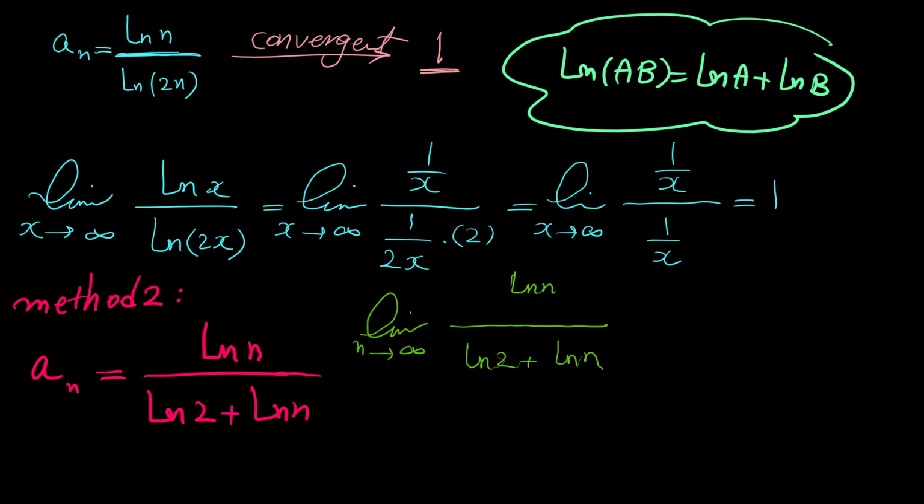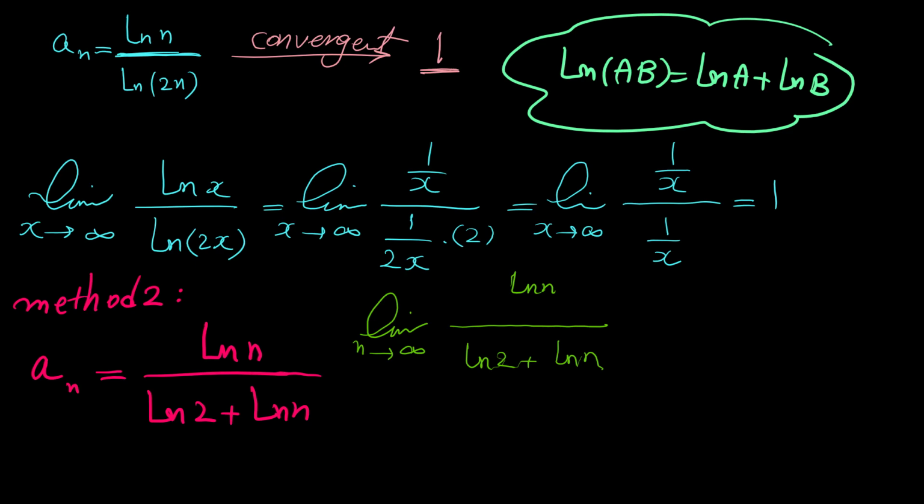For finding this type of limit, if you remember from before, we divide the numerator and denominator by the highest degree of the denominator. But here we are not working with polynomials. We don't have any n to the 2 or n to the 3 or n to the 5. We don't have any power of n. We have ln.